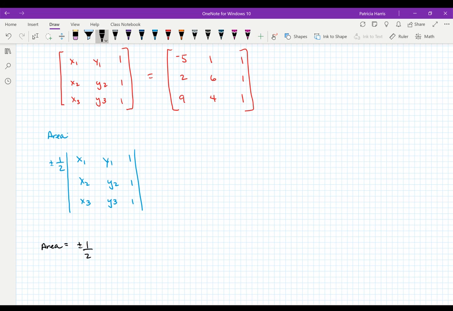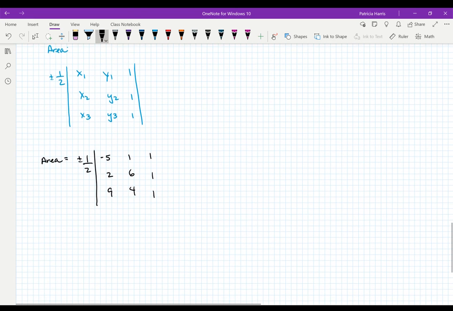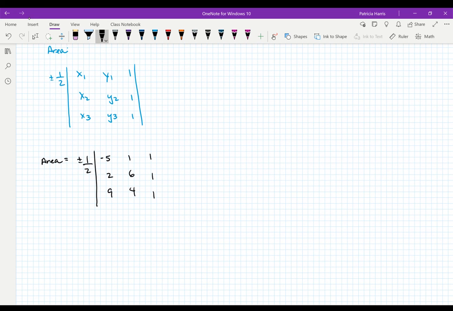So once you figure out your determinant, you decide what sign you need. Okay, so I'm going to go ahead and find the determinants separately, and then I'll plug back in.